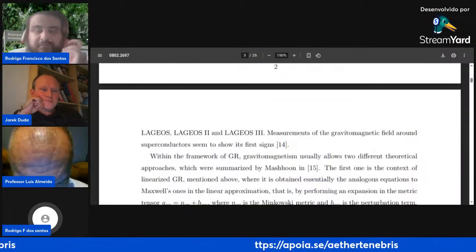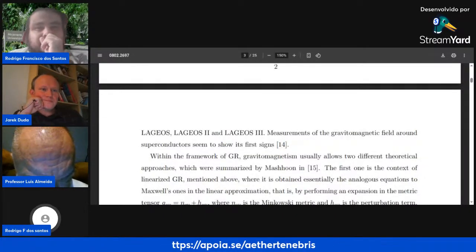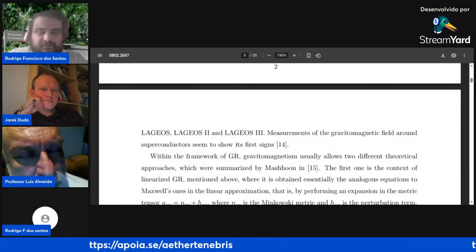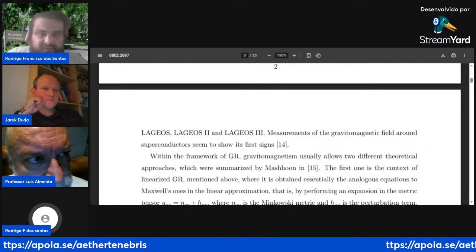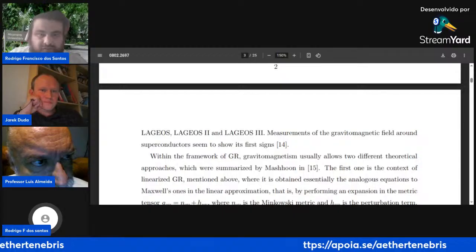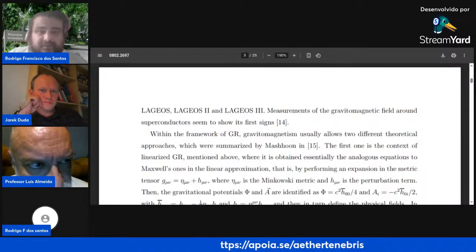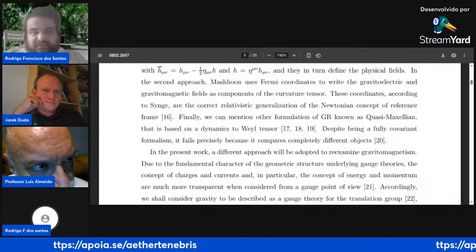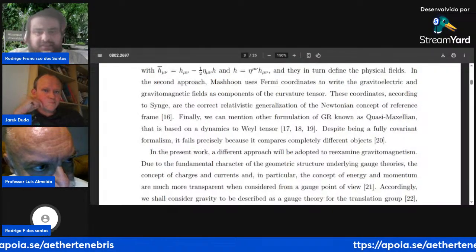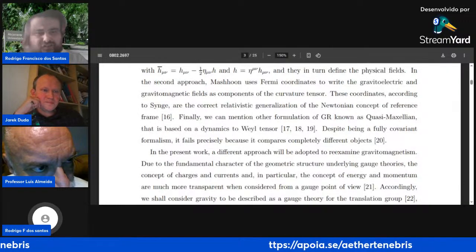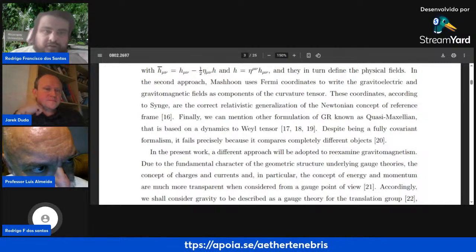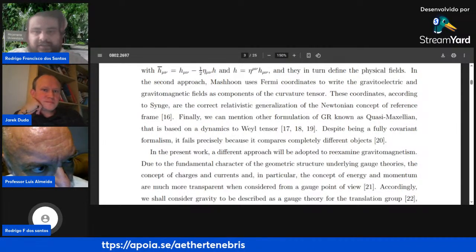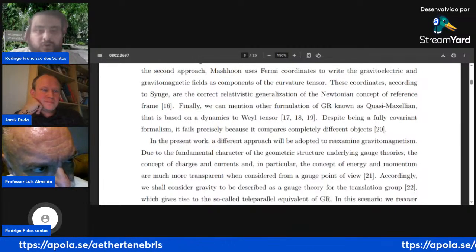Your work inspired me to read this work on gravitomagnetism and generate a synthesis of your work, Professor, and this work.